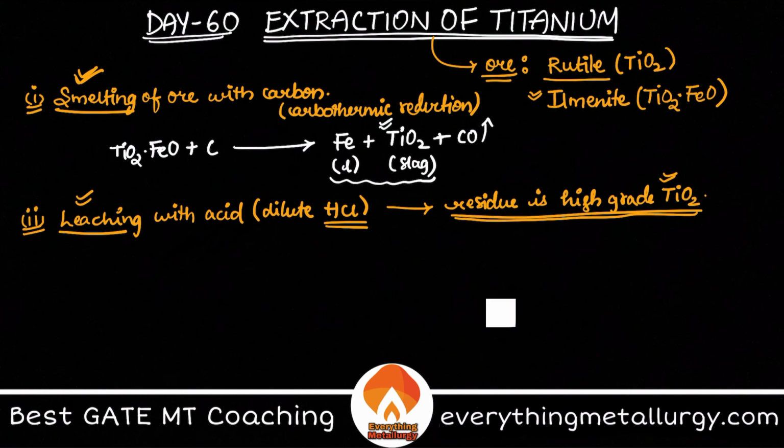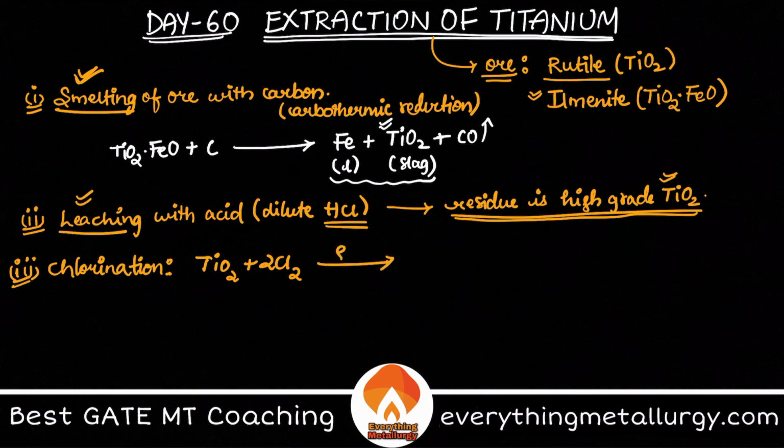Now the third step is halogenization or chlorination. The high grade TiO2 is allowed to react with chlorine at an elevated temperature, about 850 degrees Celsius, in the presence of carbon, so that some reductions take place, and it gives me TiCl4 plus oxygen.